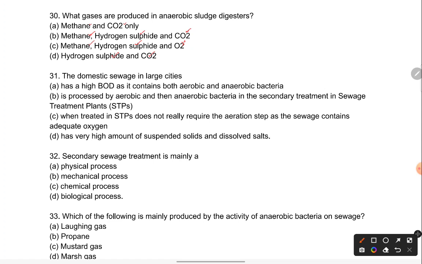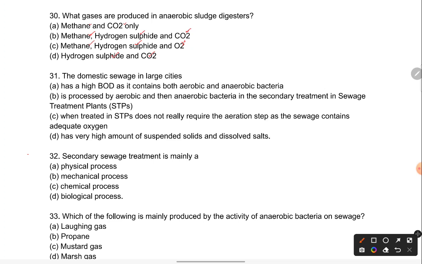The domestic sewage in large cities: A, has high BOD. BOD, do you remember? BOD is biological oxygen demand, as it contains both aerobic and anaerobic bacteria. B, is processed by aerobic and then anaerobic bacteria in the secondary treatment in sewage treatment plants.